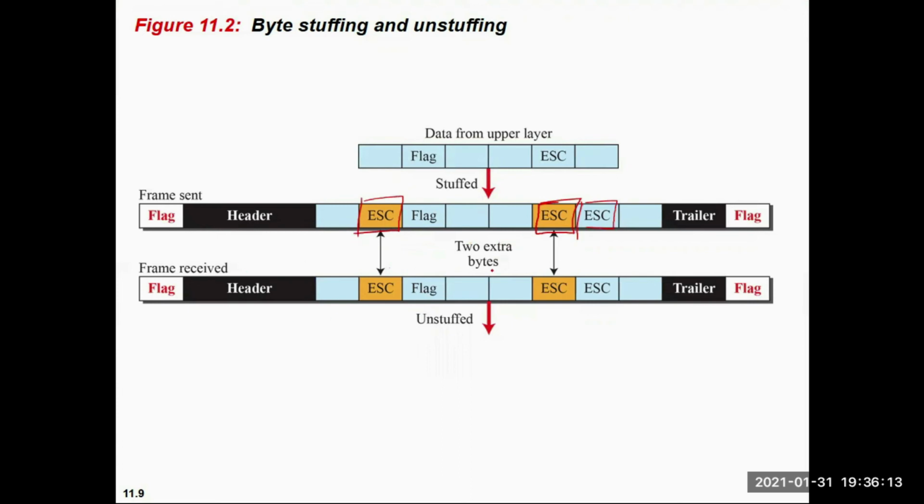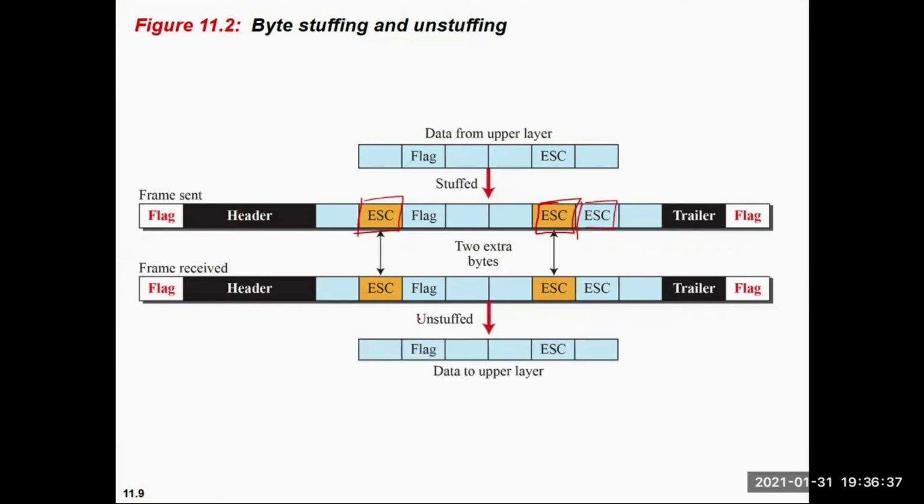The same thing we will do on the receiver side also. These flags are known to the transmitter side and receiver side. That's why whenever you are stuffing in your data packet, you need to do the same destuffing or unstuffing at the receiver side also.